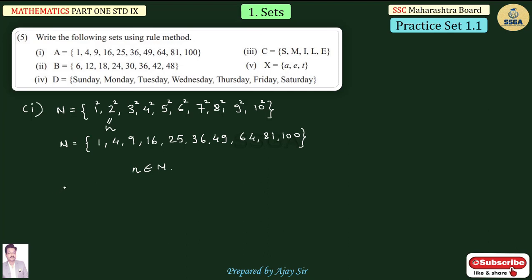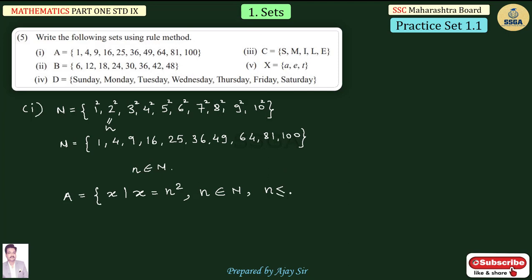So therefore our set A, how to write in the rule method? So that is x is an element, suppose x is an element, such that x is equal to n square. n is variable and is square of n square, and n belongs to natural number, and n, not all natural numbers we are considering, only the numbers till 10 we have to consider.